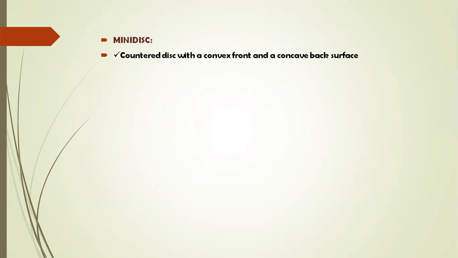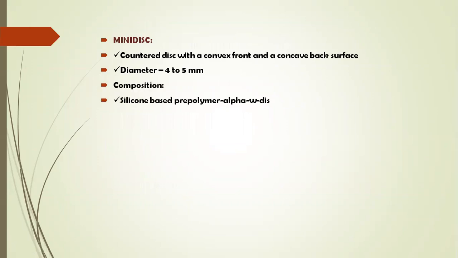It is a contoured disc with a convex front and a concave back surface. Diameter is 4 to 5 millimeter. Composition is silicon based prepolymer alpha-omega bis 4-methacryloxybutyl polydimethyl siloxane.